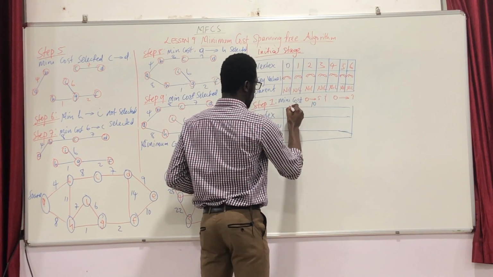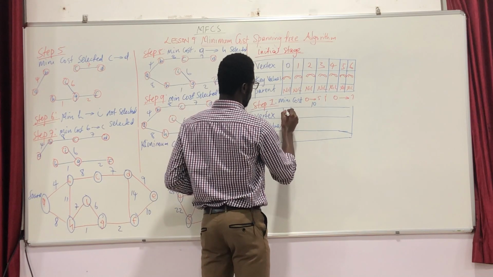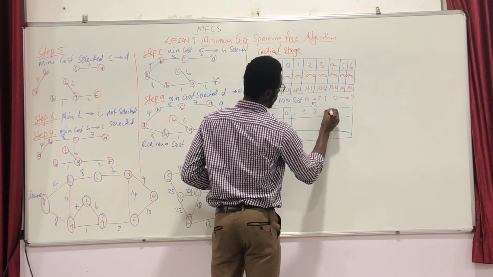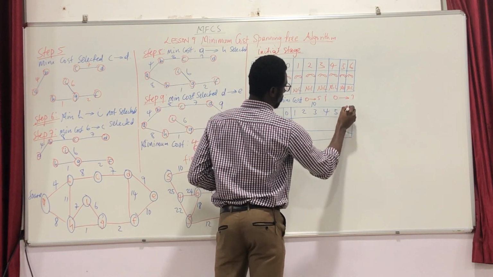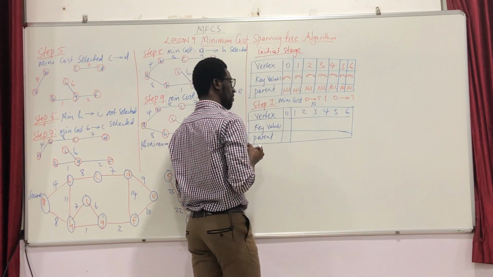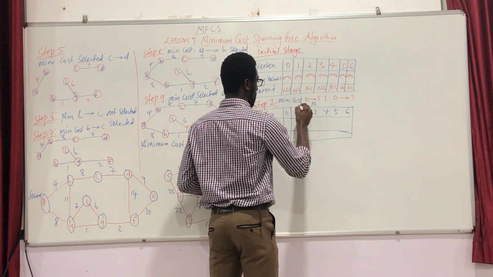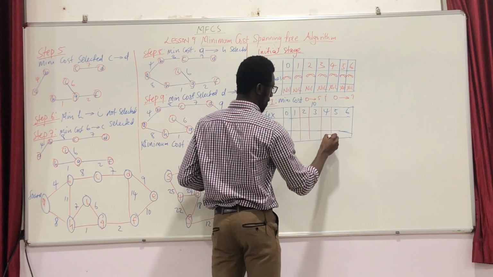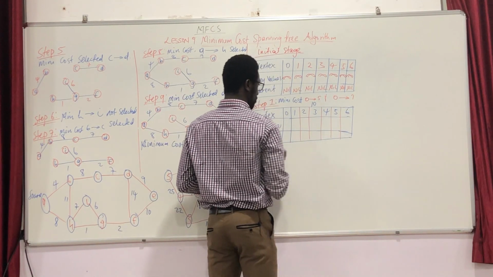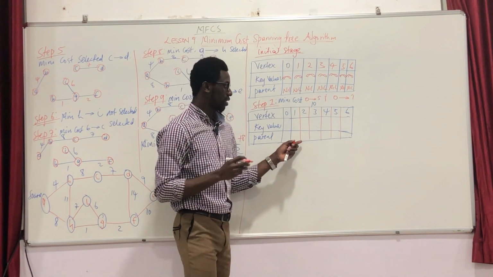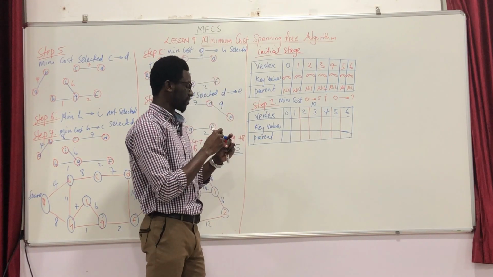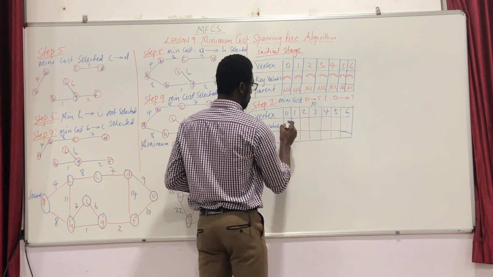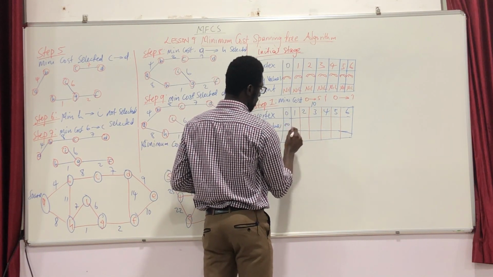So we'll first do our vertex here: 0, 1, 2, 3, 4, 5, and 6. We'll first fill the table. After the table, we can draw the graph. So here, this is null, infinity here, null here.